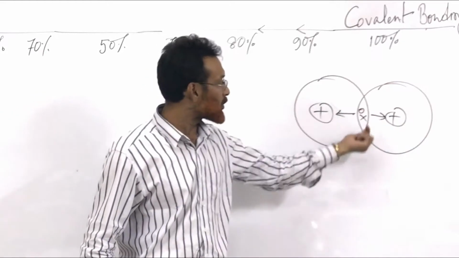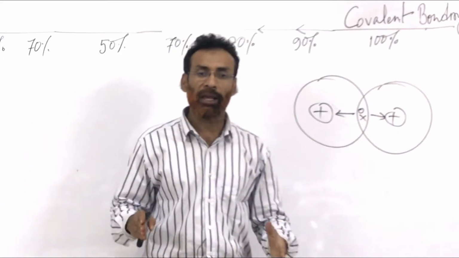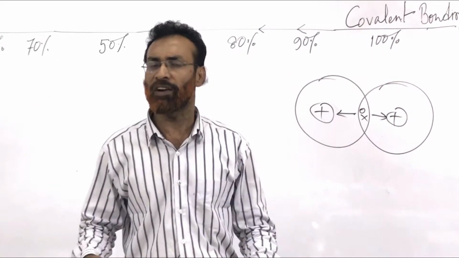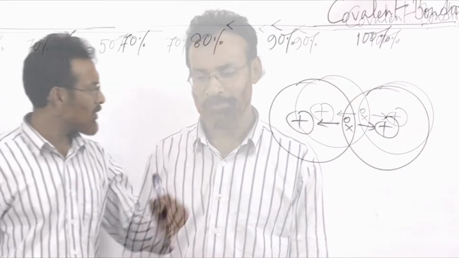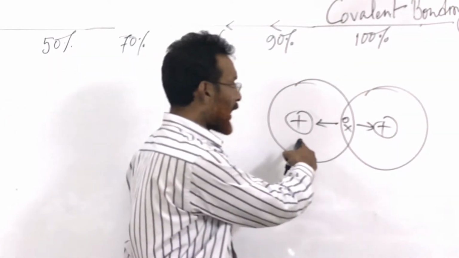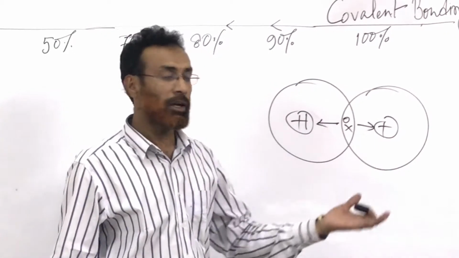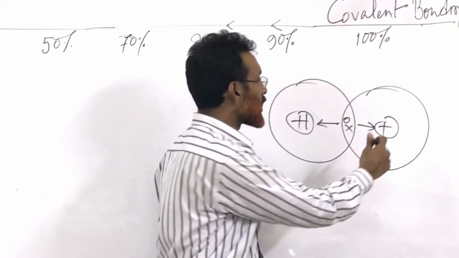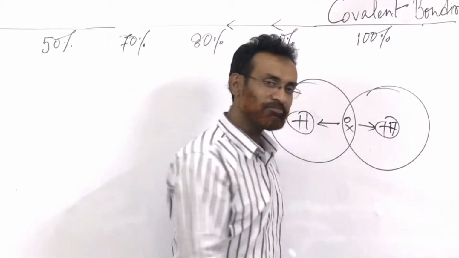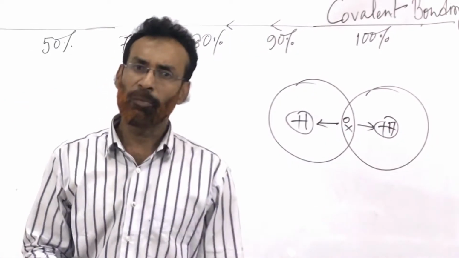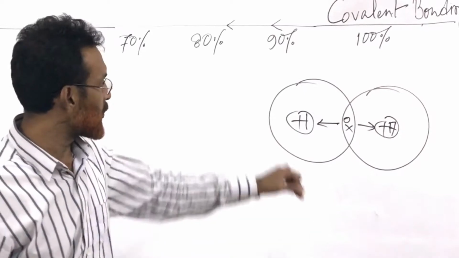So what will happen to the shared electrons when you make a bond with different atoms? Let's consider one atom is hydrogen with nuclear charge +1, and the other atom is chlorine, nuclear charge +17. Certainly +17 is much greater than +1.